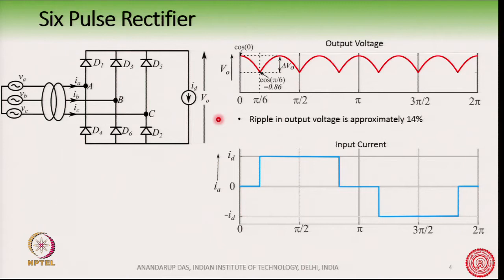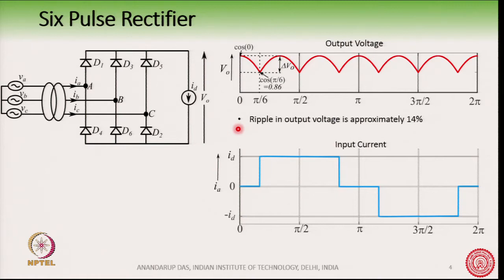In some cases we also have capacitors on the DC side. The analysis is slightly different, but we can do it with a similar strategy if we have a capacitor on the DC side. But in this course we will consider a current source at the load side.